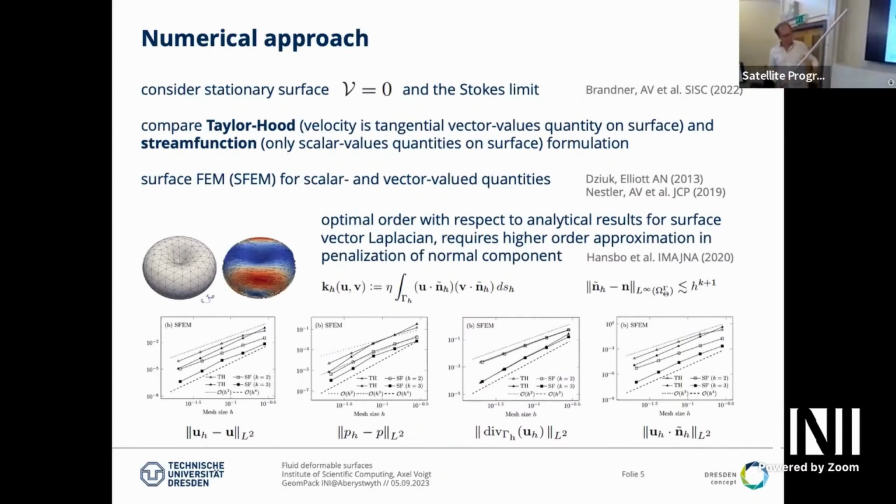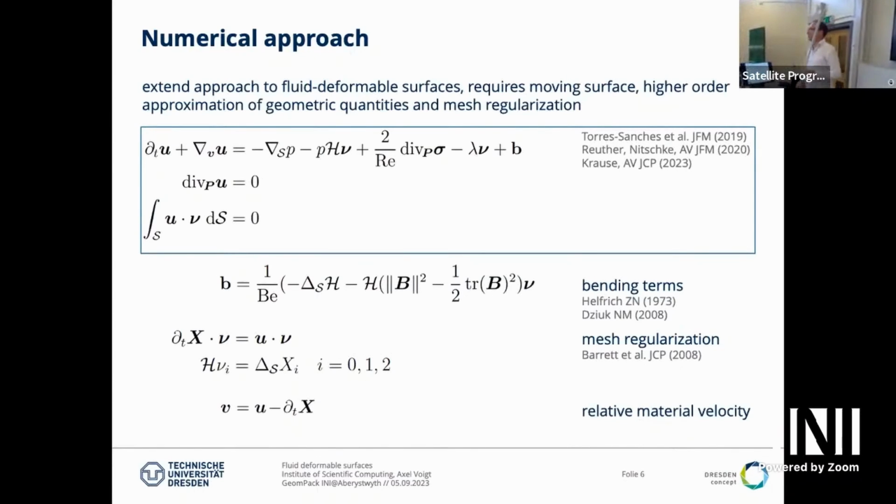And now for this system, one can do numerical analysis, and one can show that within this penalization, one needs a better approximation of the normal than the approximation for the velocity in order to get convergence. And we looked at convergence properties for different quantities and got optimal order of convergence. So with this understanding for this simplified problem, we can now move on and go back to our original problem.